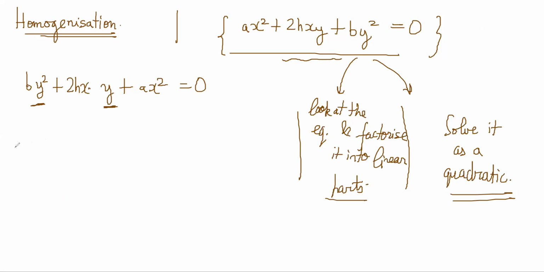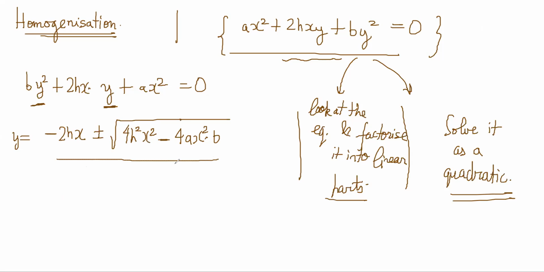So y will be equal to minus 2hx plus minus root over 4h square x square minus 4 into a into x square into b, divided by 2b. Y will be equal to minus hx plus minus x root over h square minus ab, by b.